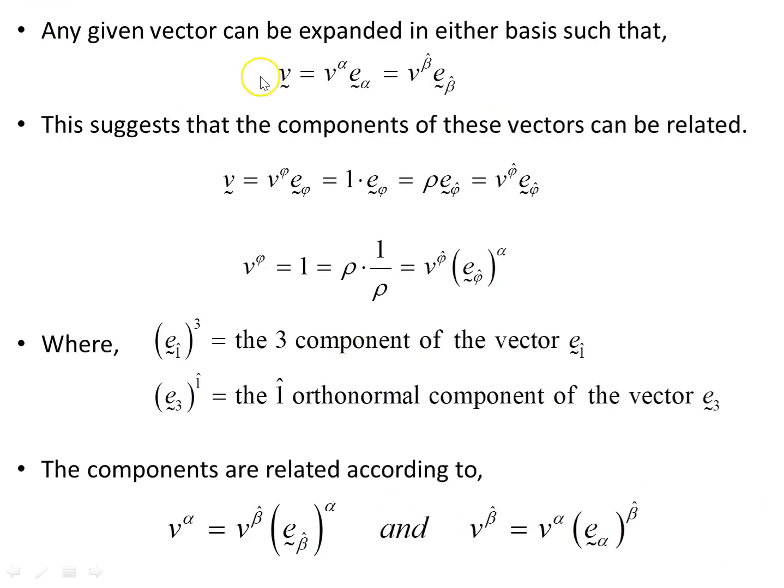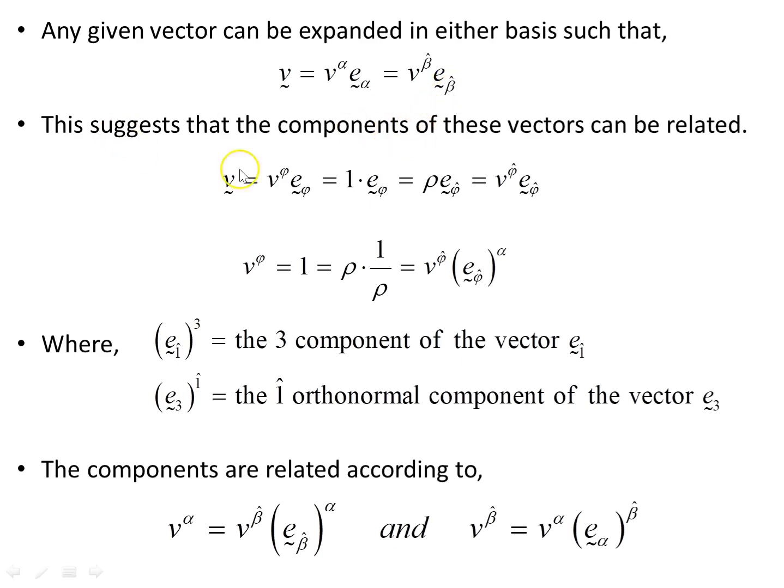All right, any vector, and not just in curved space, can be expanded in the coordinate basis with coordinate basis components, or it can be expanded in the orthonormal basis with orthonormal basis components. So we have coordinate basis components, orthonormal basis components, coordinate basis vectors and orthonormal basis vectors.